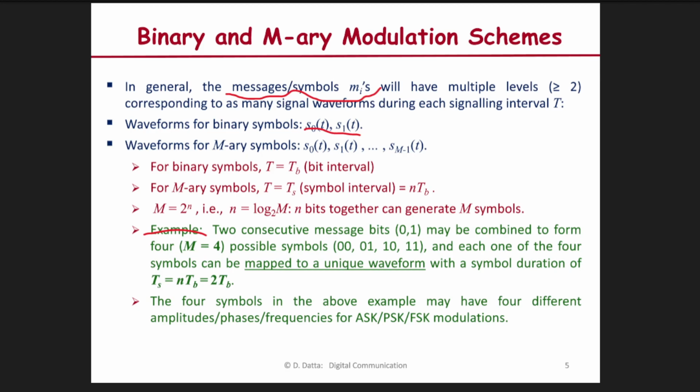So either frequency or phase or amplitude, or maybe a combination, could be assigned to each symbol, like 00, 01, 10, 11, to make the digital modulation work in this way. As I have said clearly, each one of the 4 symbols can be mapped into a unique waveform with a symbol duration of Ts equal to N times Tb, that is 2 Tb in this case.